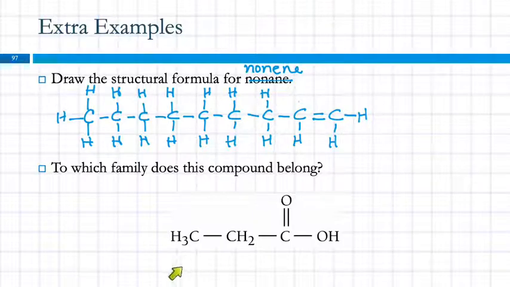And then to which family does this compound belong? So we might look at this and say alcohol, but it's also got this piece. This part is just the hydrocarbon part.